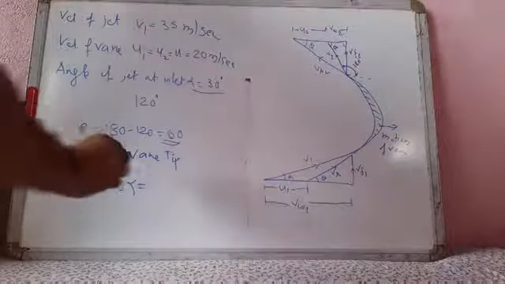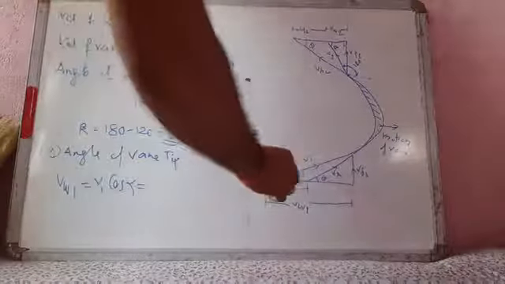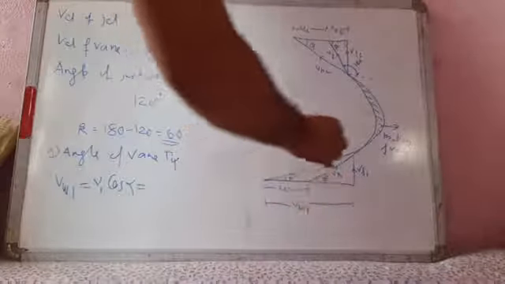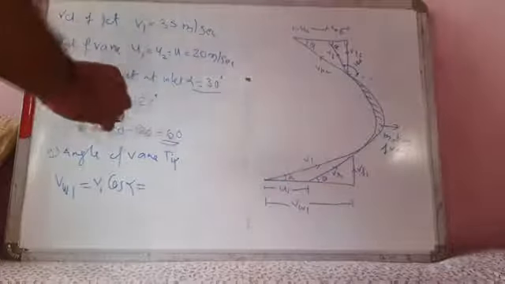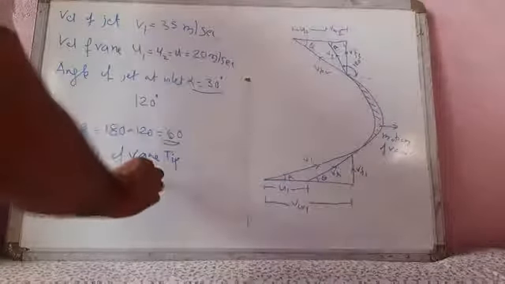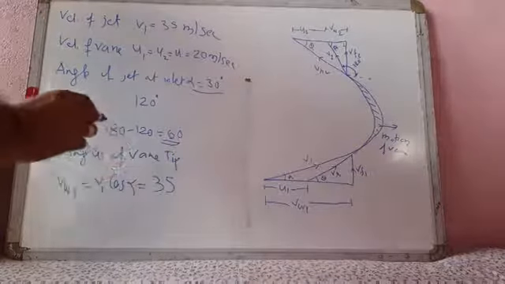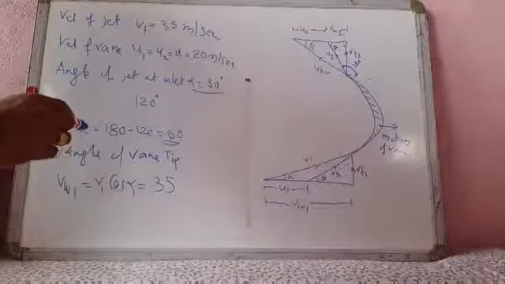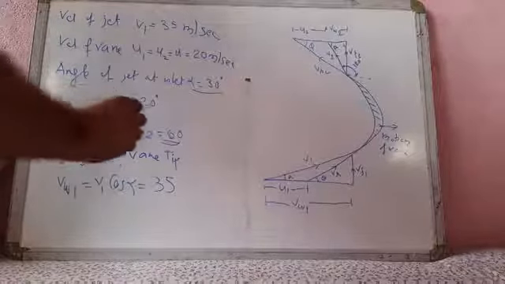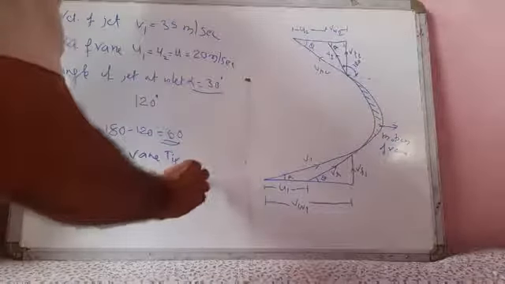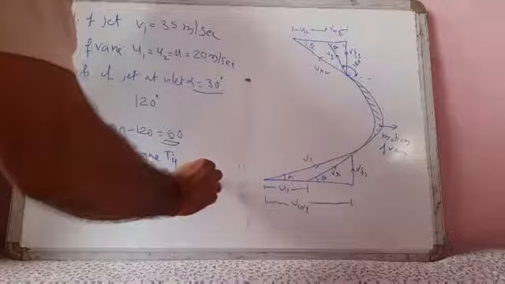So putting the values of V1 equal to 35 and alpha is 30 degree, so that is cos 30.